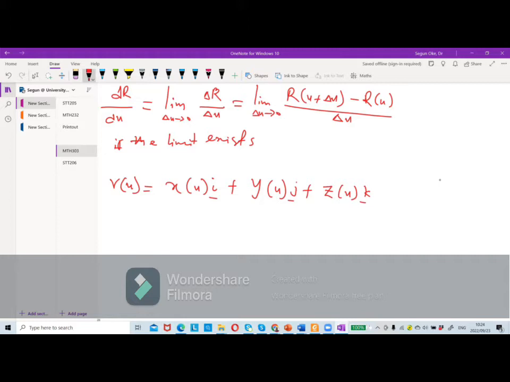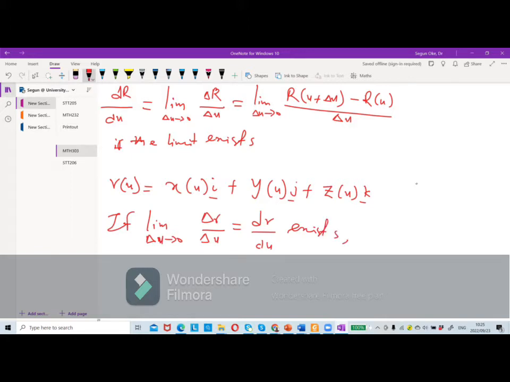The specification of the vector function R of U is defined as x, y, z as functions of U, if a certain thing exists, that is, if the limit as change of U tends to 0, that is, change of R over change of U equals dR/dU, exists.